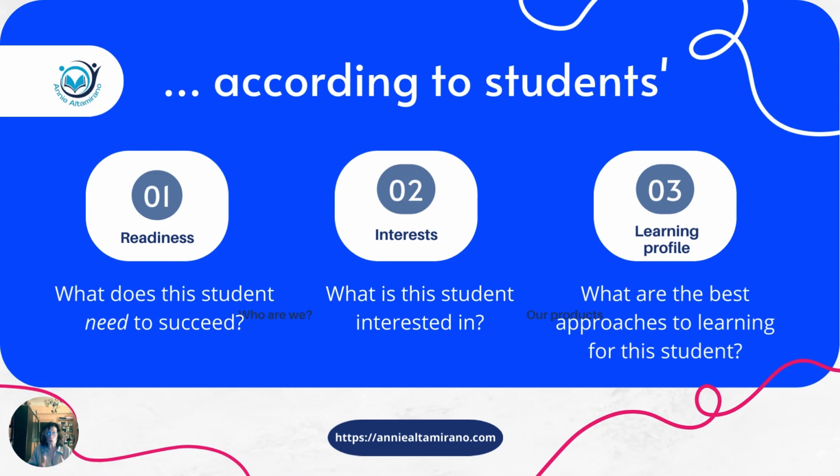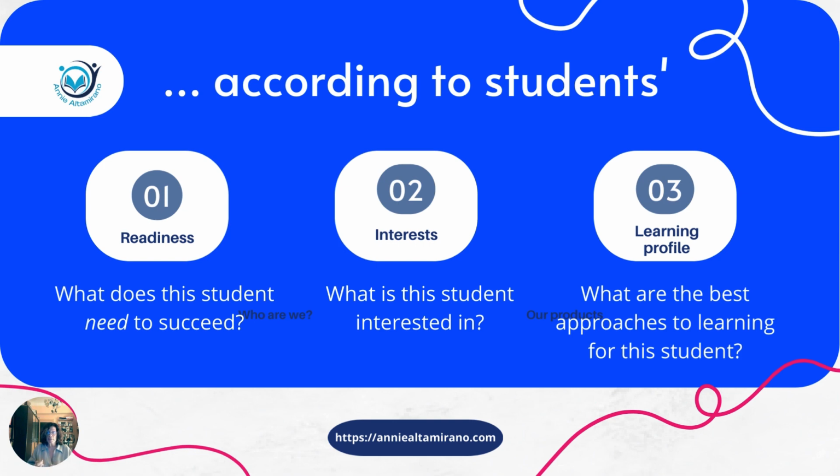Interest, as we all know, is a great motivator for learning. It can refer to a skill, a topic that taps into a student's talents or experiences. And it can also refer to ideas, skills, work that appeals to the students. So the question we need to ask ourselves here is, what is this student interested in?